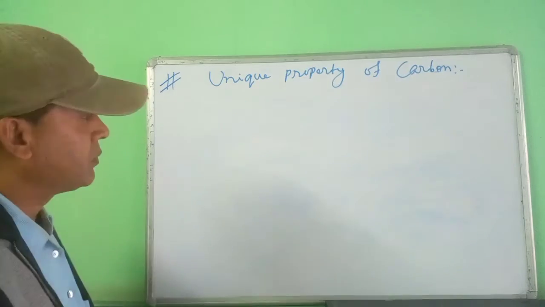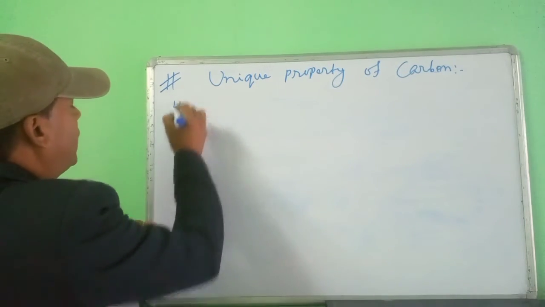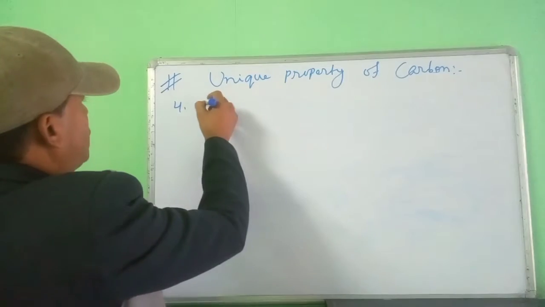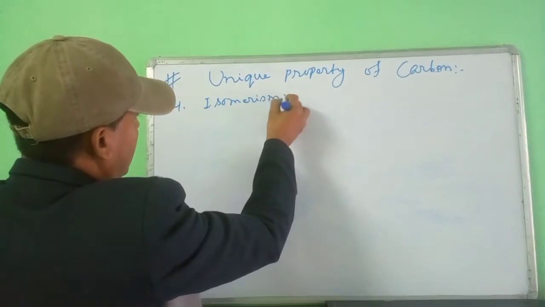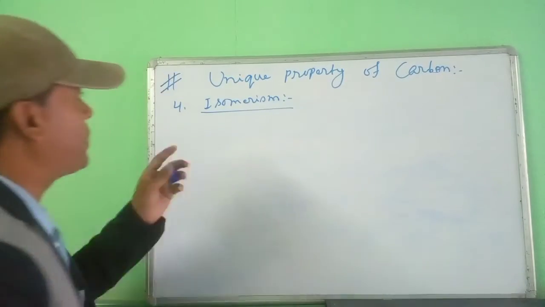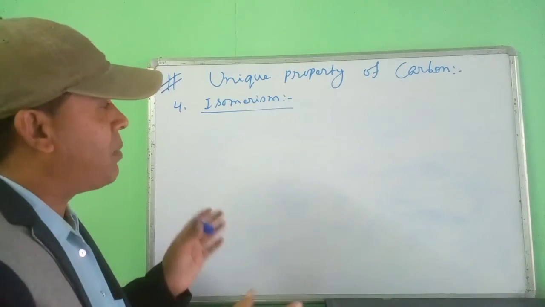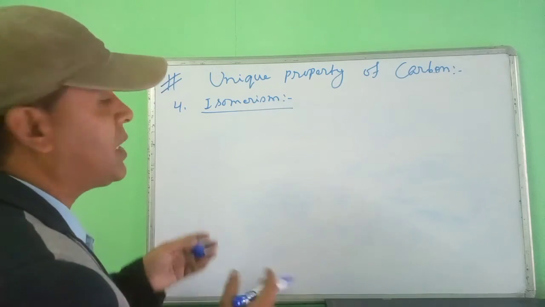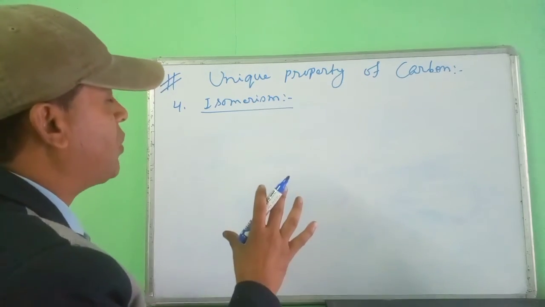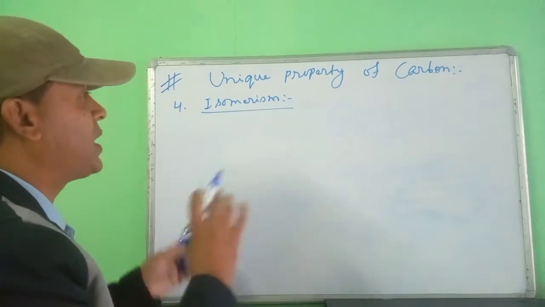Now another one. Okay, number 4, isomerism. So isomerism, in organic compound, carbon compounds having 2 different compounds, but they have the same molecular formula but a different structure.